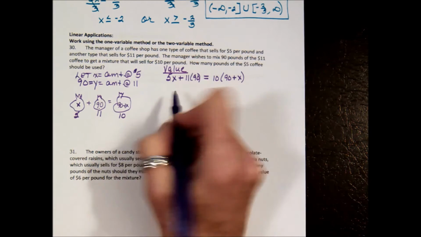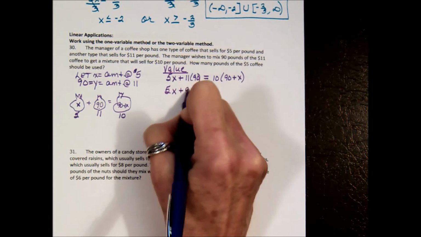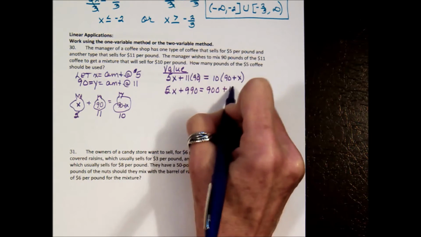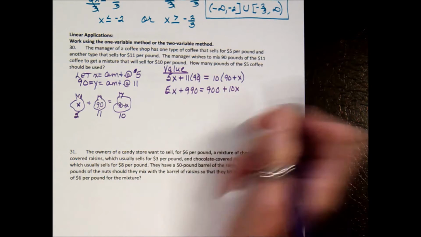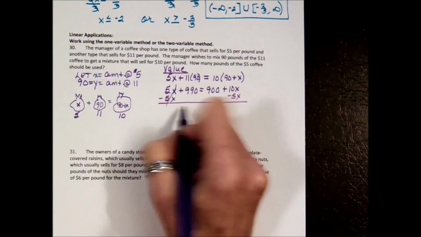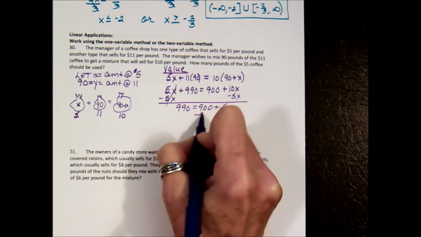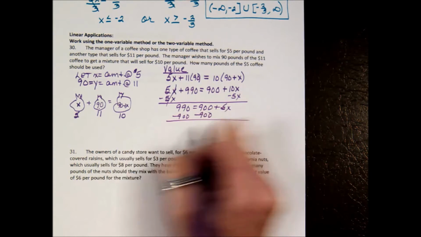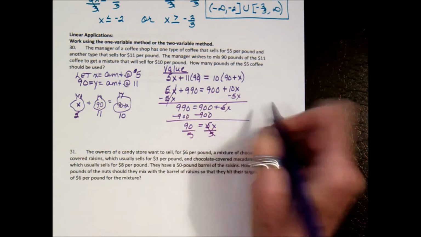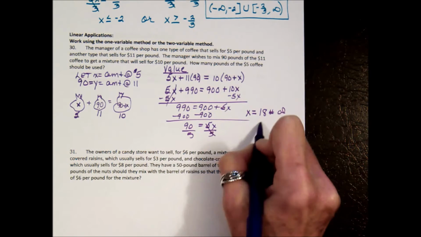So 5x plus 90 times 11 is 990 equals 10 times 90 is 900 plus 10x. I'm going to subtract to get my variables on the same side. I get 990 equals 900 plus 5x minus 900 equals 90. 5x, we divide by 5, and I get x equals 18 pounds of $5 coffee.